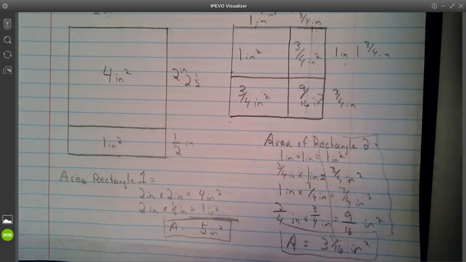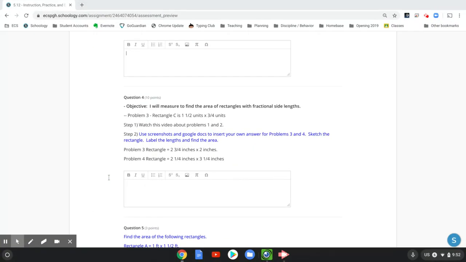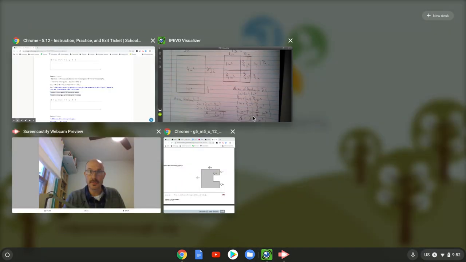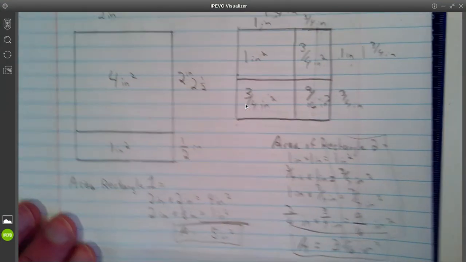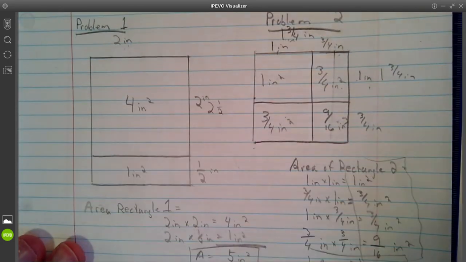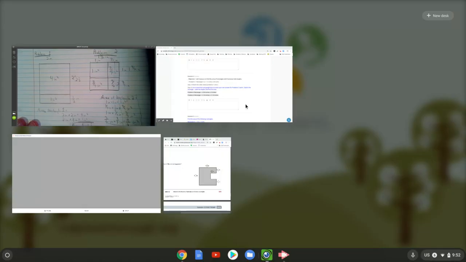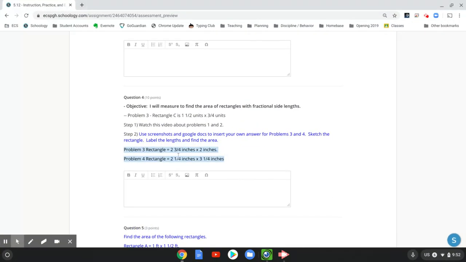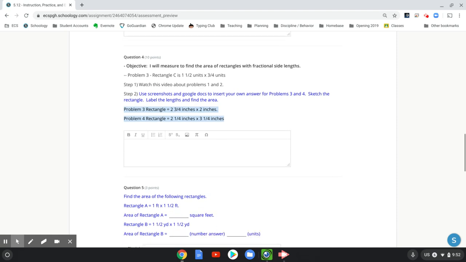Okay, so your final job here is to find the area of problems 3 and 4. I just did problem 1 and problem 2, so you are now doing 3 and 4, and you can insert the answers into the box there.